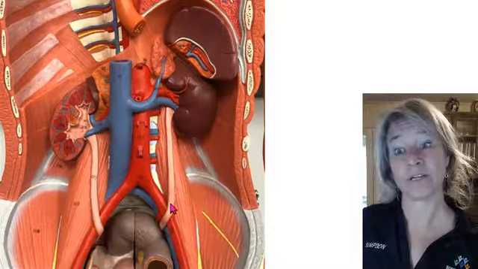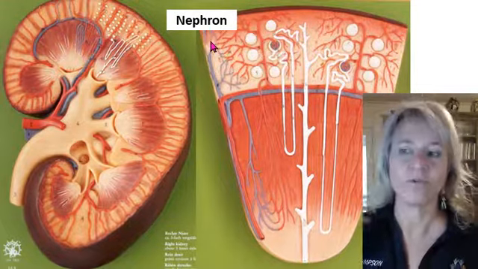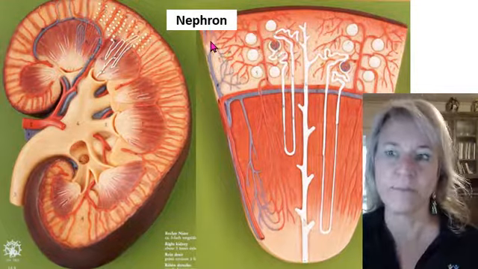Now, when we look at this section of the kidney, we see this tubey structure here, and one of them is called a nephron. And what really makes up the kidney is 1 million nephrons.